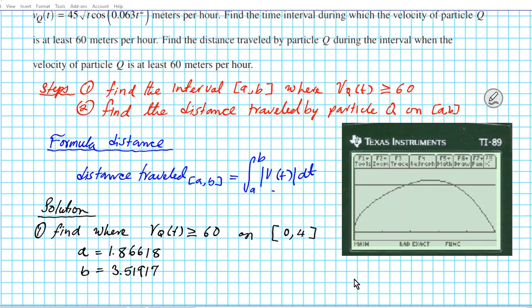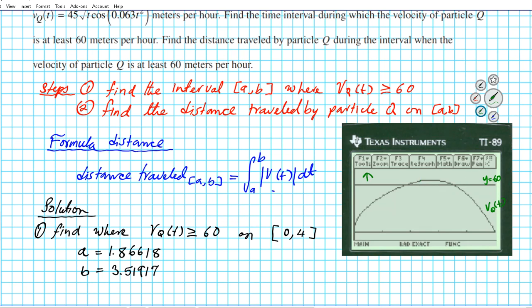Alright, so if you didn't get what we just did, let me just show you. I'm just going to annotate the graph. Okay, so this situation right here, this line is the line 60. Okay, y equals 60. That's this horizontal line. And then this curve right here is your v sub q of t function. Okay, so we're looking for where the function is above this horizontal line.